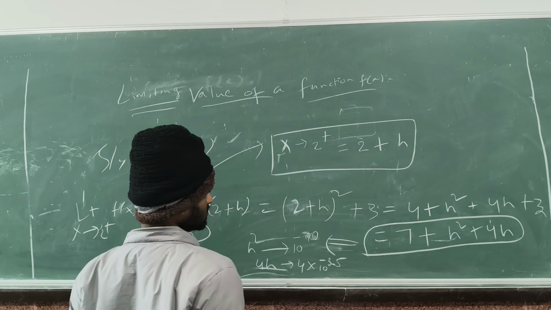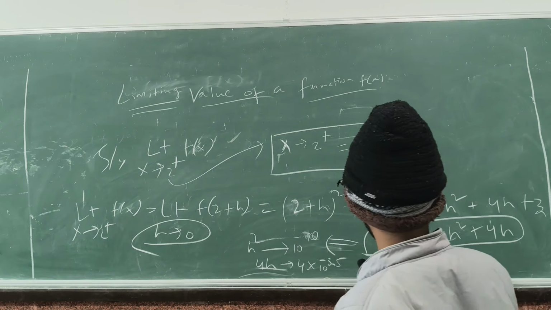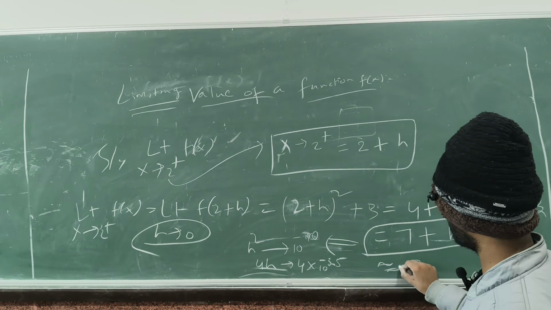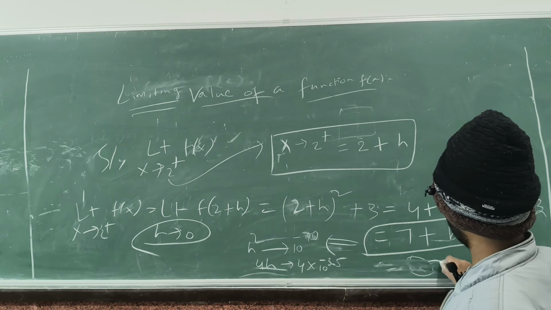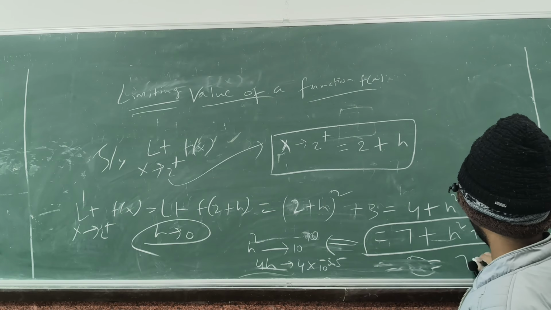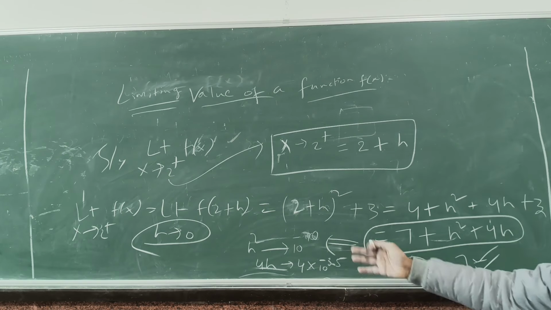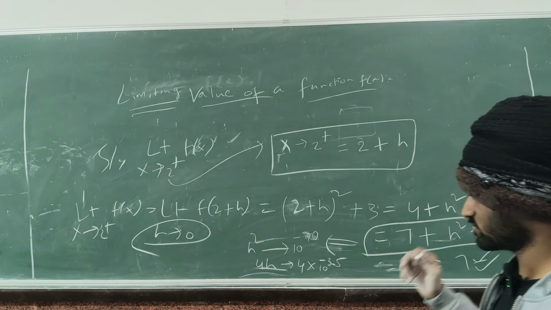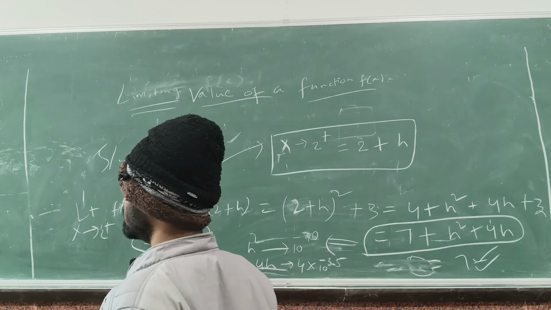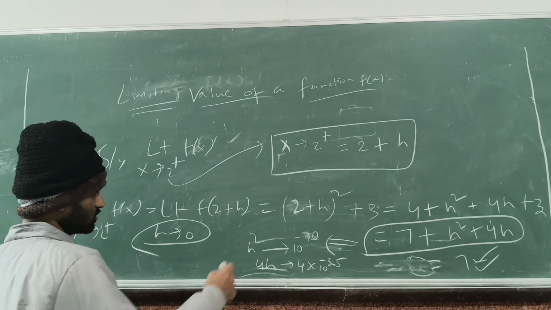So this is almost equal to 7, because h square and 4h are very small quantities compared to 7. So the value is almost 7.